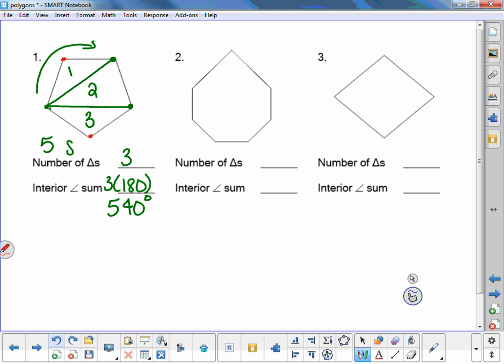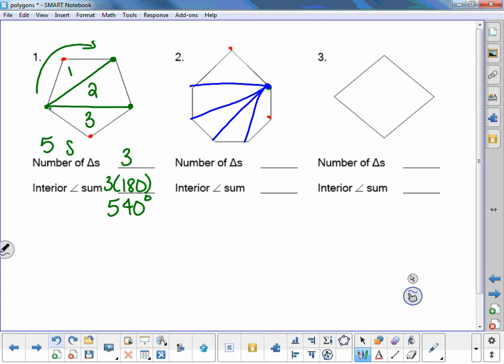Let's try it again. I'm going to pick this vertex over here to do my diagonal. Okay? So I can draw one to this vertex, this vertex, this vertex, this vertex. I cannot draw one to this vertex or this vertex because I already have a line there.